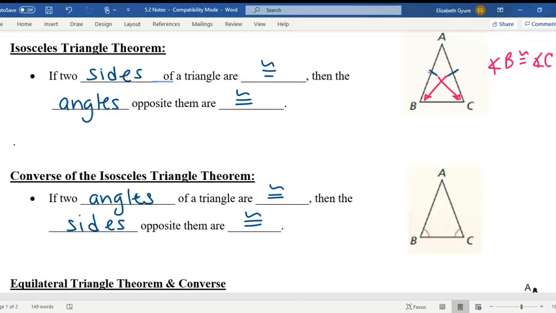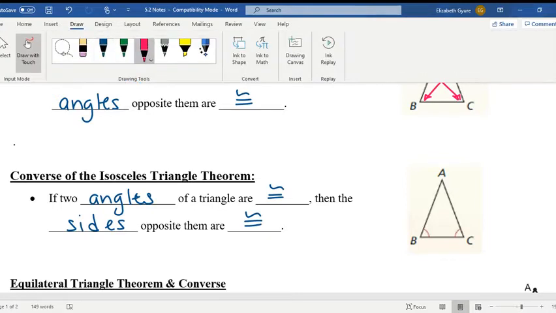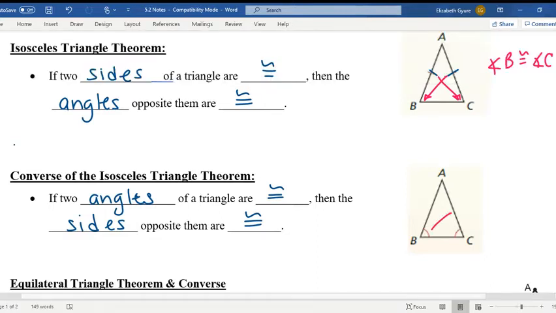So this time it's kind of flipped around. Opposite angle B is side AC, and opposite angle C is side AB. So these sides would have to be congruent. Segment AB would have to be congruent to segment AC.